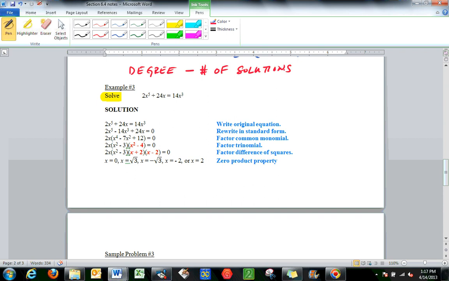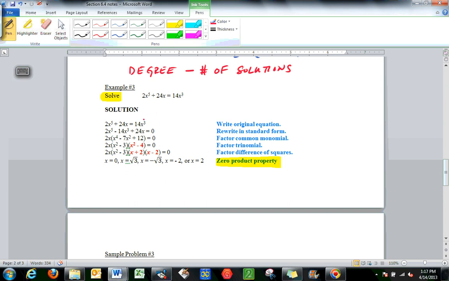Now, if we look at this first sample problem, we've got 14x to the third on the right side. So you recall what we need to do is get everything equal to 0. This is so we can use the zero product property. If you remember, the zero product property says that once all your factors are broken down, each one of those individual factors can be set equal to 0.